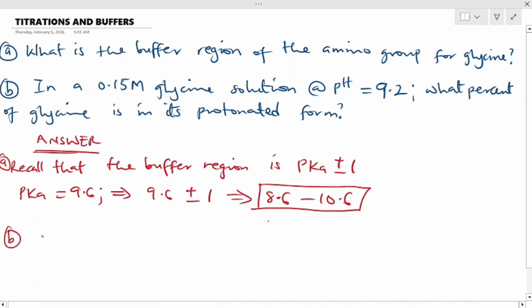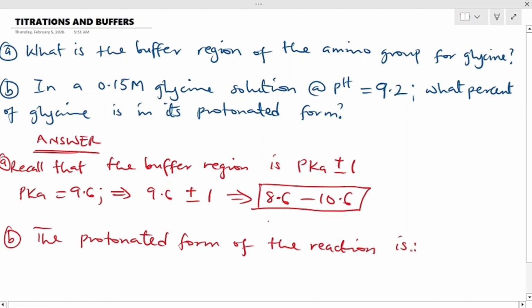So we write that the protonated form of the reaction is, so writing out that reaction equation again, which represents your amino acid glycine, you have forward and backward reaction.